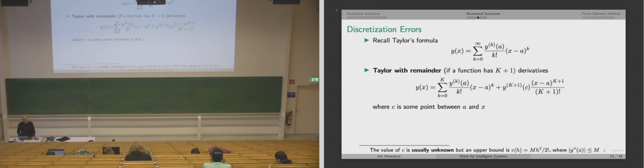Now, the Taylor expansion with remainder is saying we don't consider all the derivatives, but we truncate at a particular k, okay?